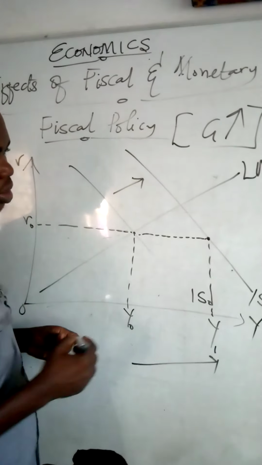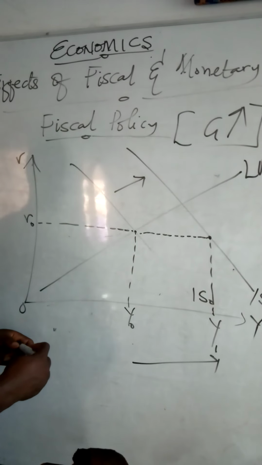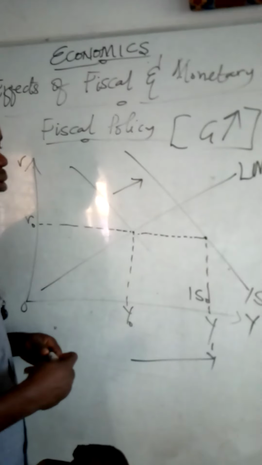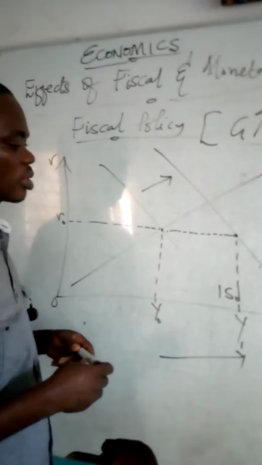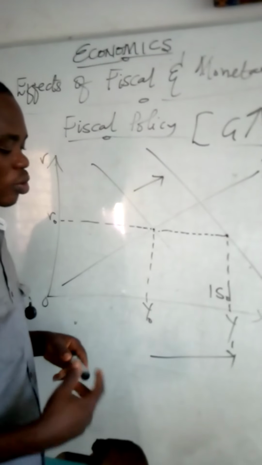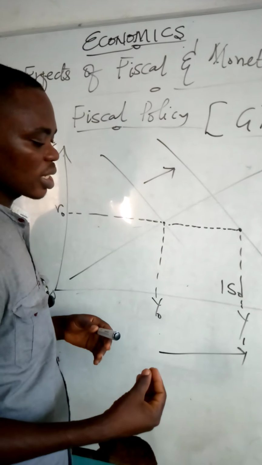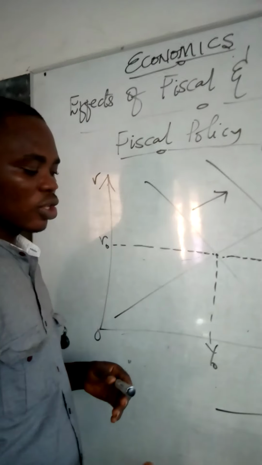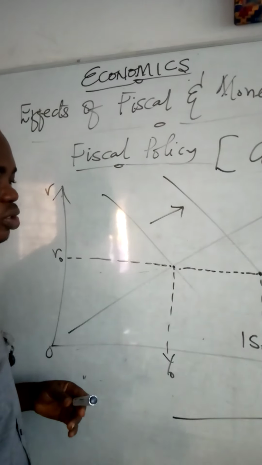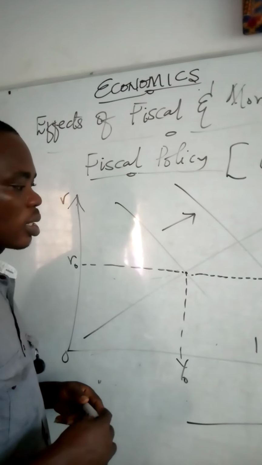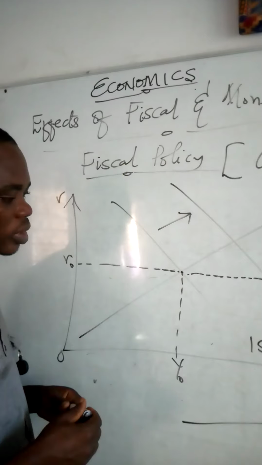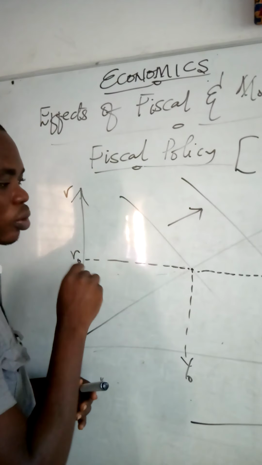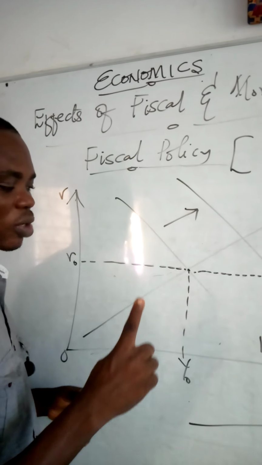But at this point we are not in equilibrium. Since there's an increase in government spending, people's income has increased, and they will demand more. As a result, demand will be exceeding supply. At this point, the producers will go and take loans.